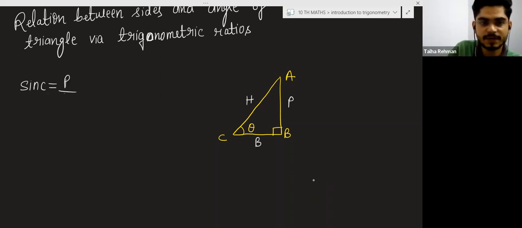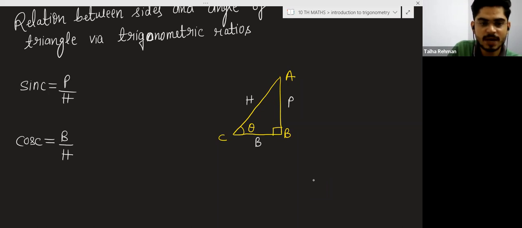Now if I want to write sin C, sin C is perpendicular divided by hypotenuse. For cos C, you will write base divided by hypotenuse.